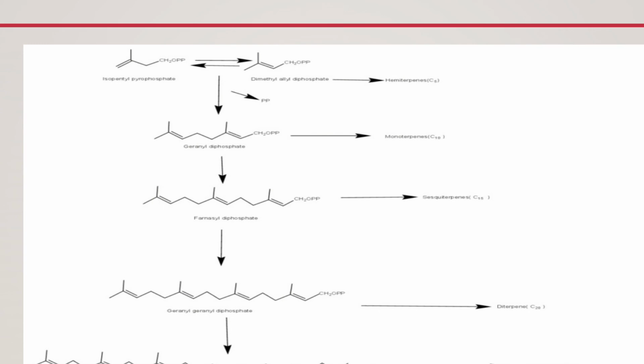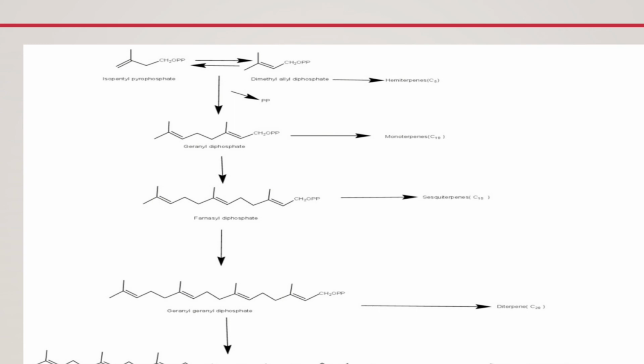Another pathway is the acetate malonate pathway, which is used for the synthesis of fatty acids. Squalene-like compounds are formed which are used for the synthesis of cholesterol, but the major part is IPP and DMAPP. These are used for the synthesis of the different classes of terpenoids.